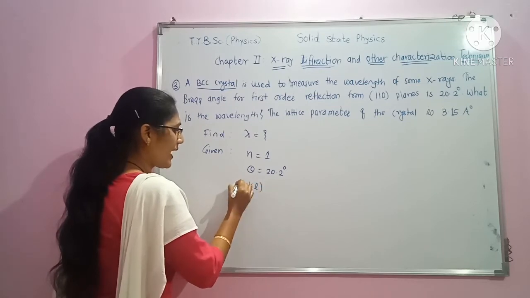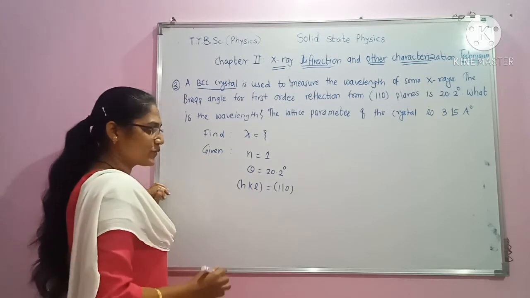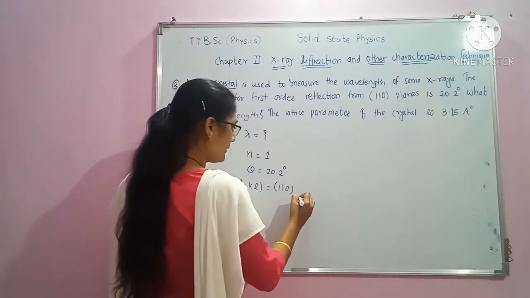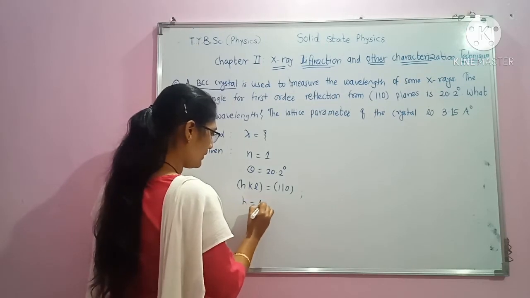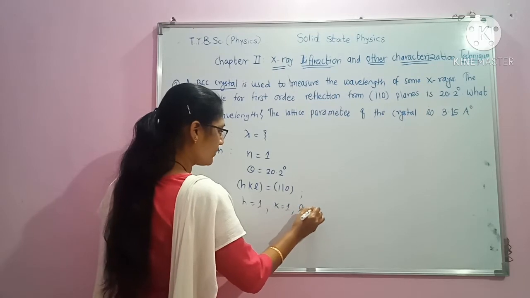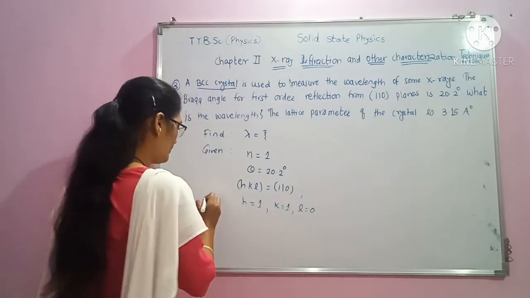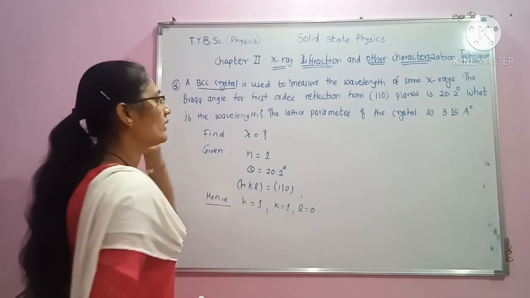When the plane is given as 110, it means that H value is equal to 1, K value is equal to 1, and L value is equal to 0. This is also indirectly given.